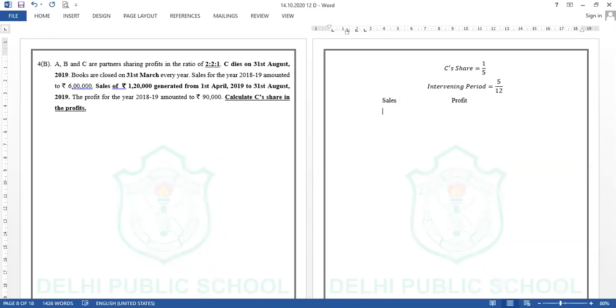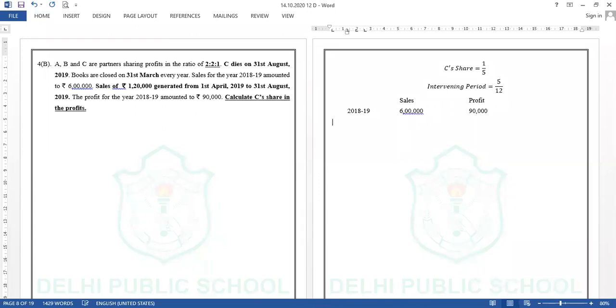Sales for the year 2018-19, meaning previous year's, okay. Sales amount is given to us as rupees 6 lakh. Profit amount is given to us as rupees 90,000.